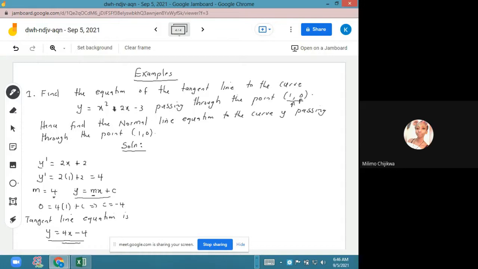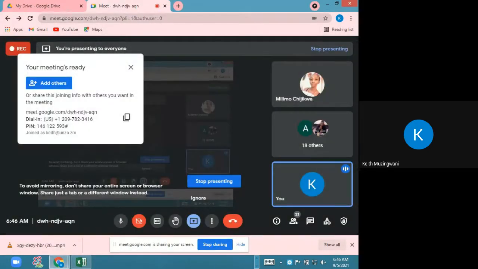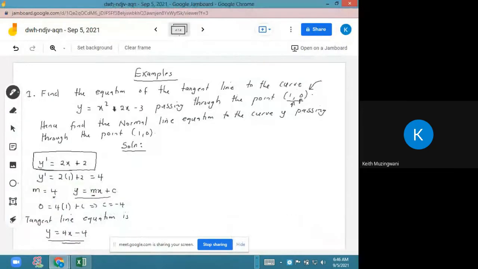Sir, hello, where did we find the 4? In the first derivative. After you find the first derivative, go to the point given, because the line you're looking for passes through that point.